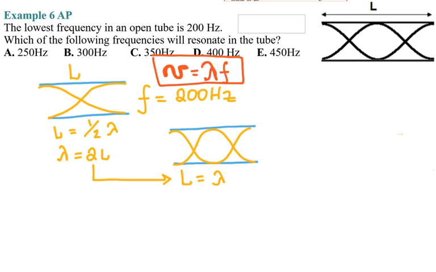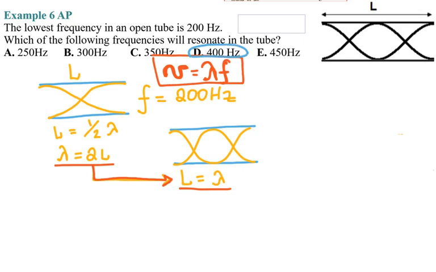And I'm going to be changing wavelength and frequency to make a different tone of the music, or a different tone of the sound. So in this case, if my wavelength became 1/2 of the one that used to be, my frequency has to be twice as big. So 400 would resonate.